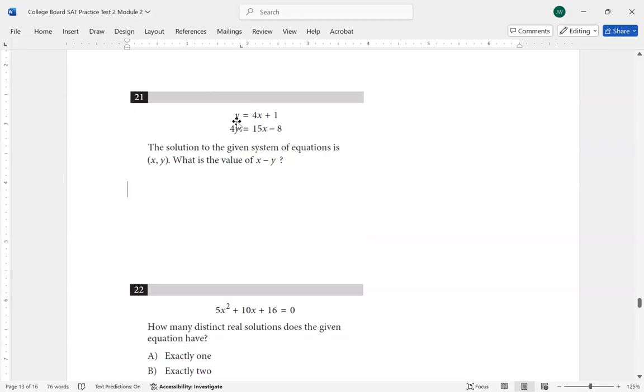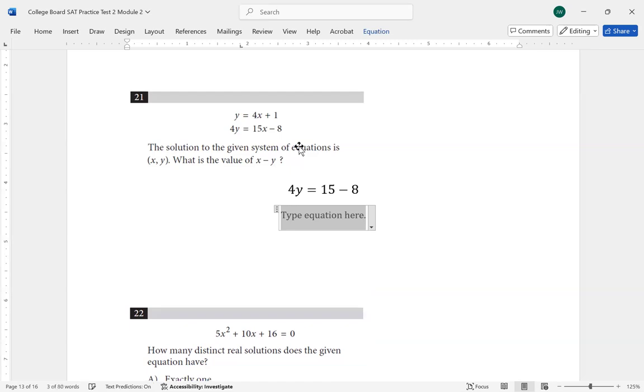Since we have y equals an expression with x, I'm going to take the second equation, which is 4y equals 15x minus 8, and replace the y in that second equation with 4x plus 1.